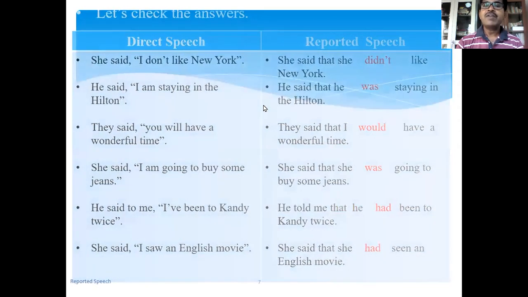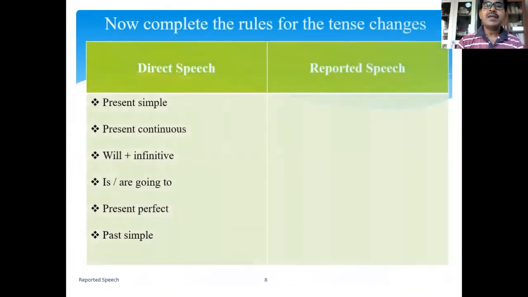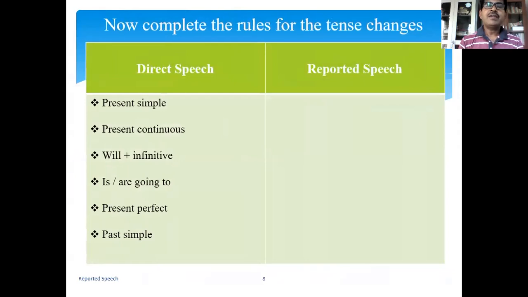Students, you can fill in this table. Now complete the rules for the tense change. As I told you, when you change a direct speech sentence into reported speech, certain changes in the tense happen. I have taught you earlier, I have explained them.